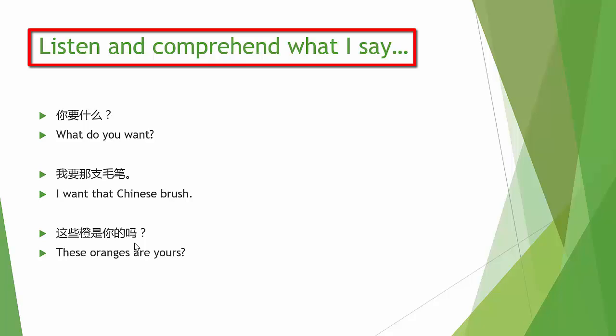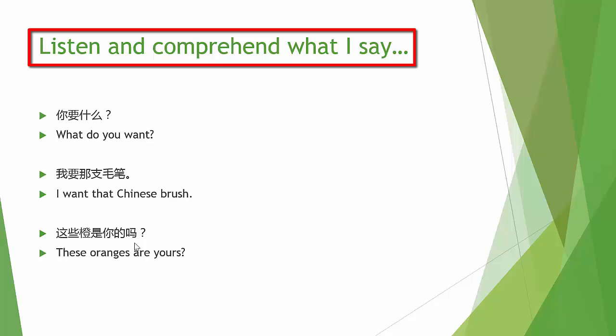So for yes and no questions, back to the Mandarin question, just add ma at the back. 这些城是你的吗? And then it becomes a yes or no question. Okay? Or you can say 这些城是你的 as a sentence.